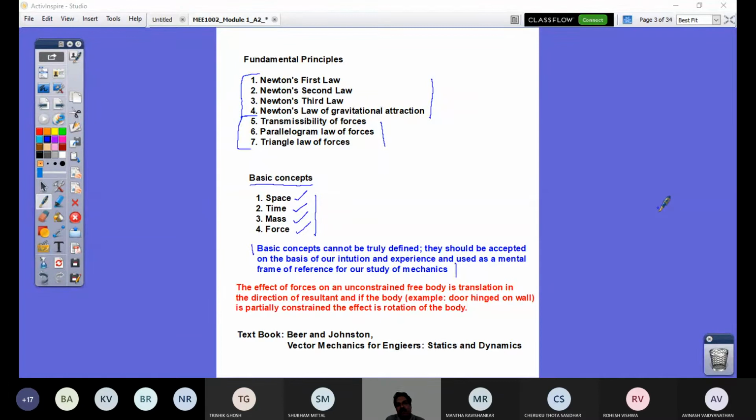Another important basic concept is force, which is all we study in our mechanics. The force is characterized by 3 important aspects. One is the force will have its magnitude. The force will have its direction.